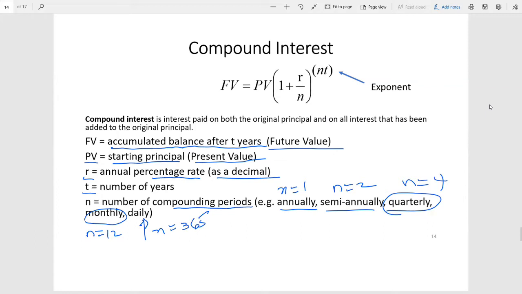Notice when you're talking about the rate, you'll have to divide the rate by N, and you're going to have an exponent that is NT. So this is a formula you're going to need to be able to use to calculate future values.